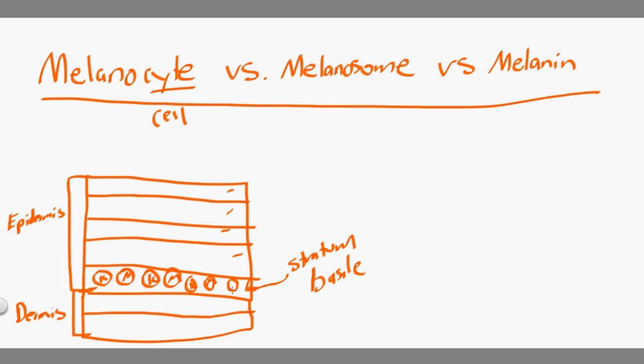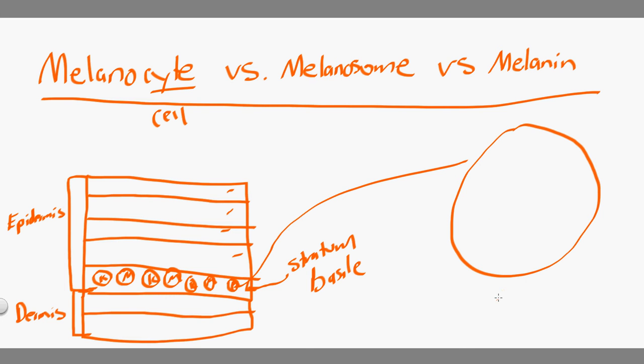Now, if we take one of these melanocytes that's in that stratum basal, and we zoom in and take one big melanocyte here. So first of all, we have the cell, the melanocyte. Now, inside of this melanocyte, of course, you have the normal stuff like you have in every other cell. You have a DNA section.